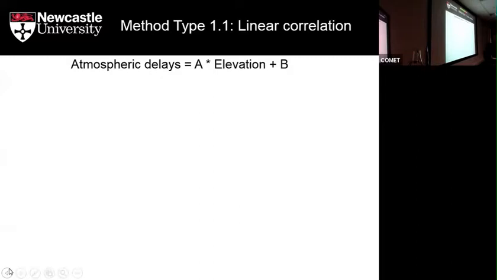We map the zenith direction to the line of sight. You can use a very simple mapping, cosine theta, using the elevation angle or incidence angle of the line of sight, to map to the line of sight direction. Or you can use a complicated one, for example the GMF mapping function, to map the zenith direction to your line of sight direction. It's all compared in the line of sight direction, not in the zenith direction.